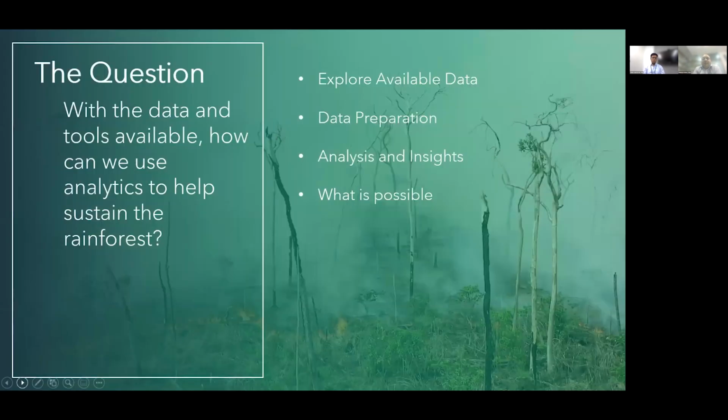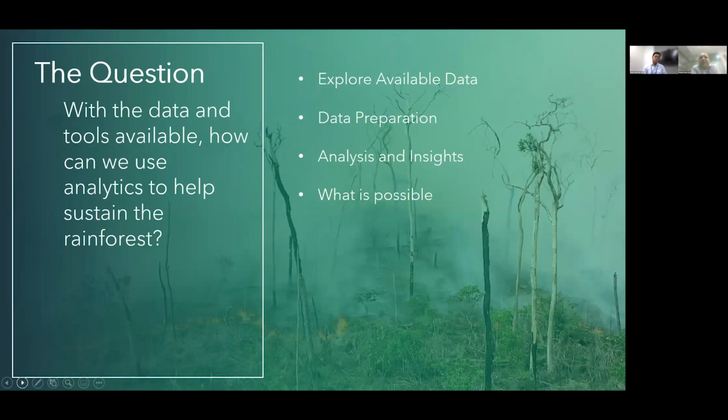So then, circling back to the challenges that we discussed previously, we are going to mostly focus on a couple of challenges. Number one, how do we try to reduce the impact of forest fires? And number 2 is how do we make proper use of land? And we'll try to discuss some possible ways on how we can leverage analytics to deal with these specific challenges.